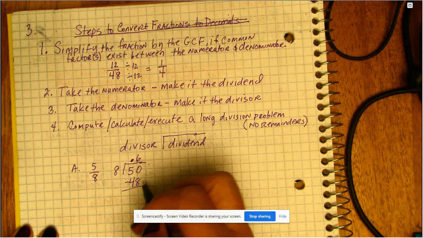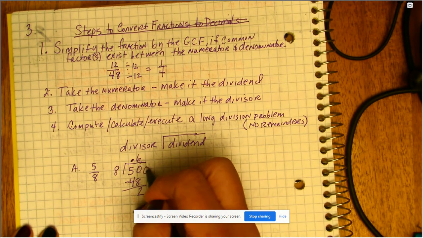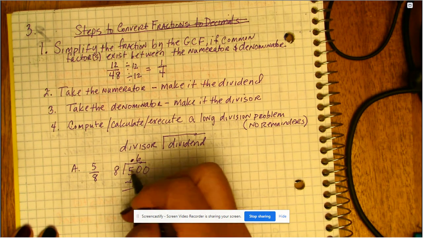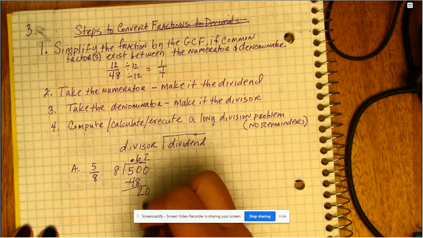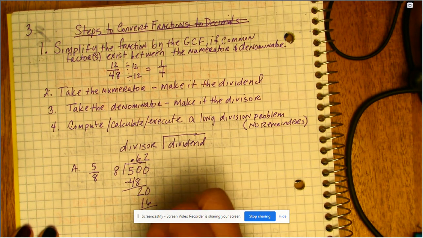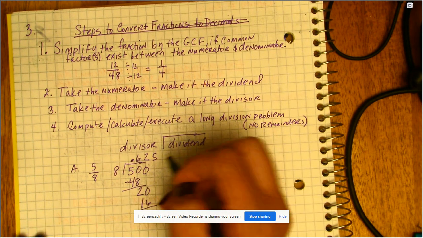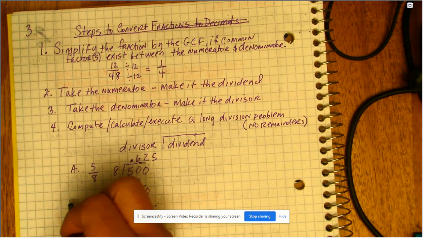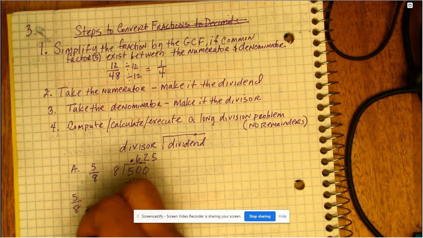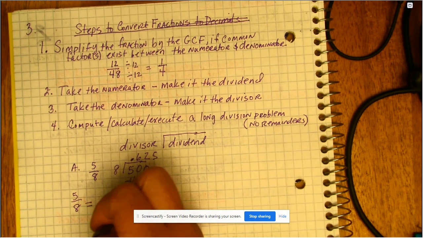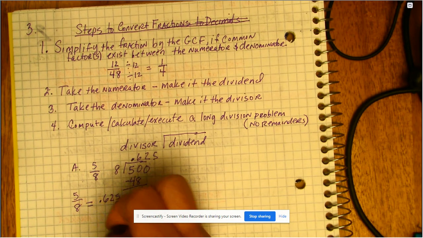That's 48, leaving me with 2. I'm going to have to add another 0. 8 goes into 20 twice, 16. 4, add another 0. And 8 goes into 40 5 times. In other words, 5 over 8 is equal to 0.625.